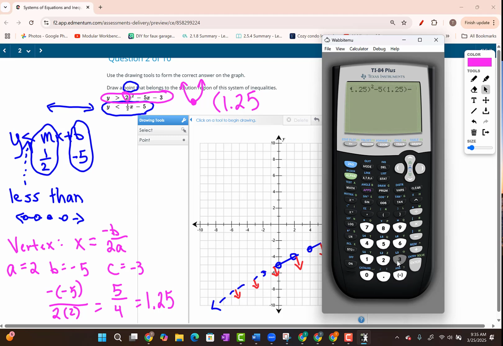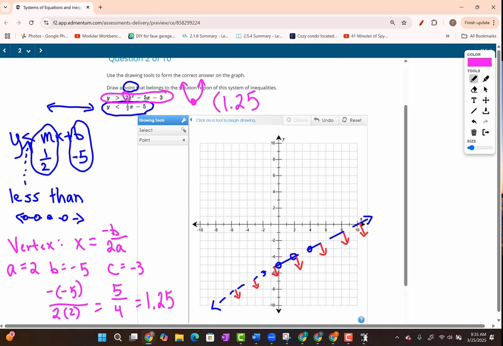And then -3. This will give us the y-coordinate of the vertex, about -6.125. So a rough sketch of this: 1.25 and then down 6. Make sure I'm doing this right. It's going to be somewhere right around here.